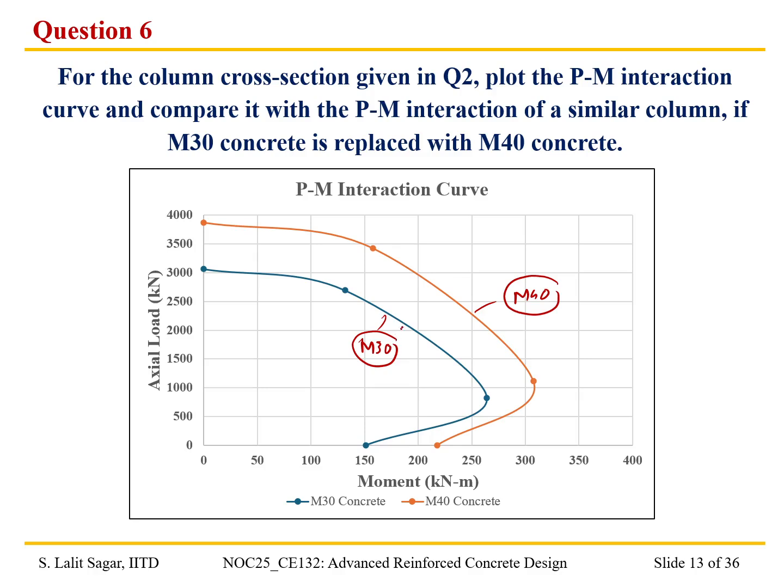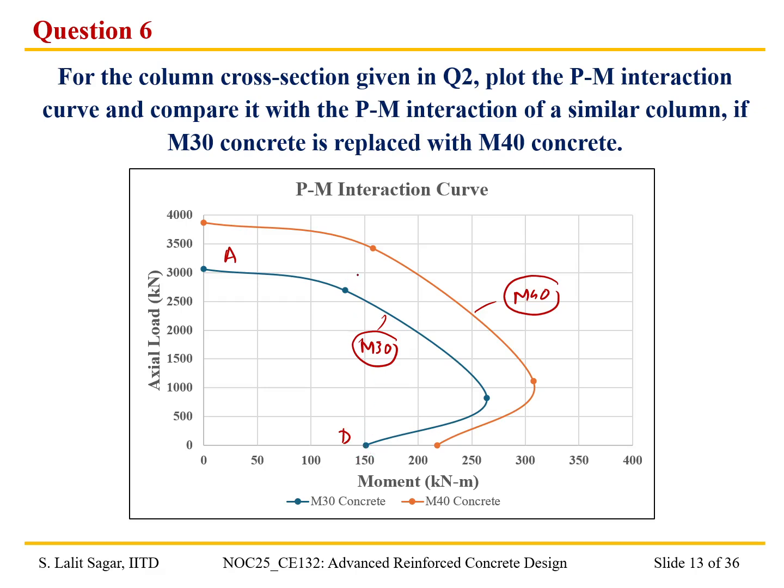Okay. So again, I will just write it down for you. A corresponds to the pure compression capacity, that is 3064 kilonewton, and point D corresponds to the pure flexural capacity, that corresponds to a moment of 151 kilonewton meter.